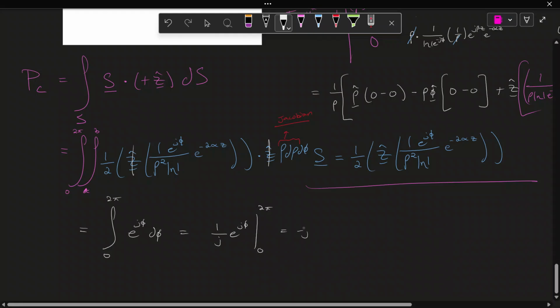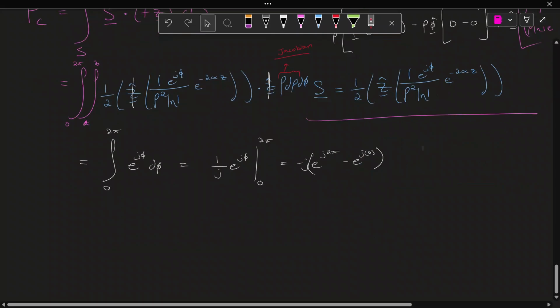Well, this is equal to negative j times e to the j 2 pi, and actually we'll just leave this, minus e to the j 0. Do we know what e to the j 2 pi is? Not really. If you know what it is, that's good for you, but I definitely don't. Well, you have to use Euler's identity.